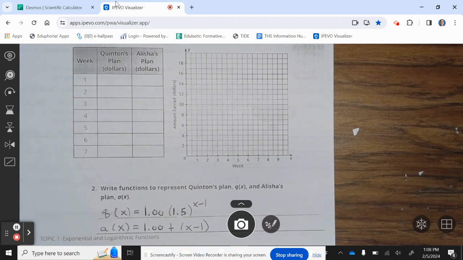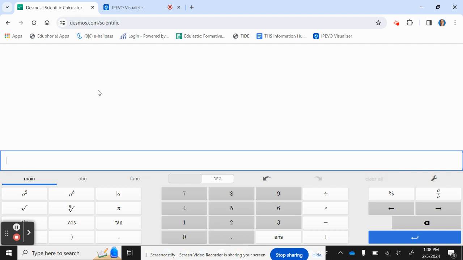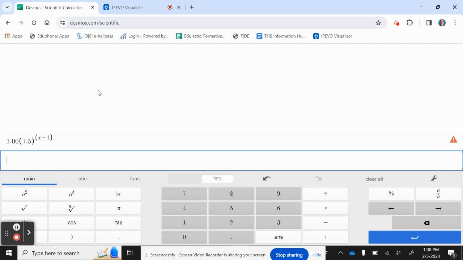All right. Using Quentin's equation, let's go ahead and fill in the data for the table. So what we're going to do is 1.00 parentheses 1.5 to the, now it says error, who cares? Now all I have to do is plug in the x value for each time.